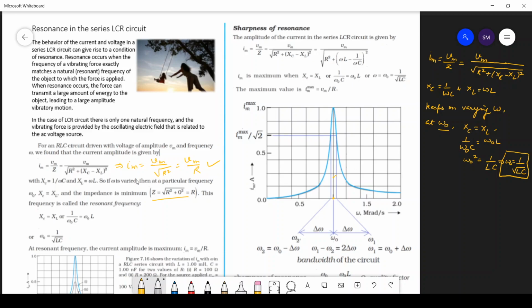Here Z is equal to R, and this frequency is the resonant frequency, and this is the maximum current, so the current amplitude will become maximum.